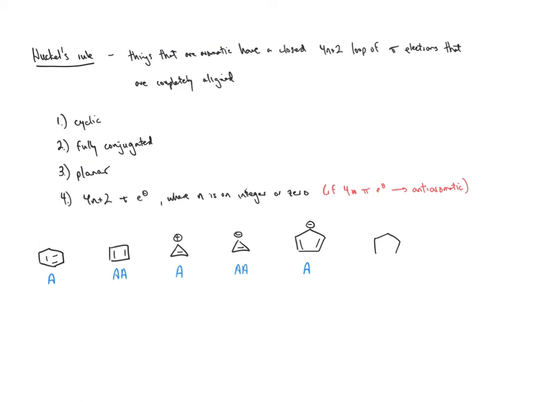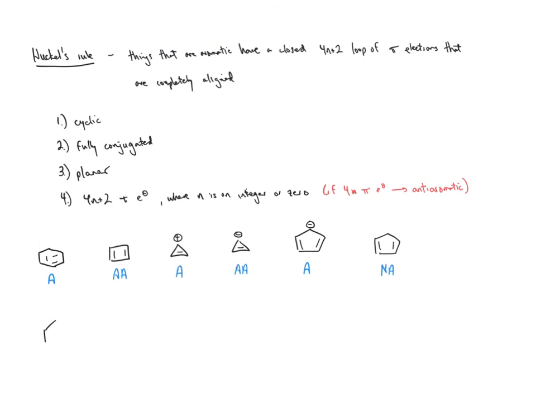How about this neutral species? This neutral species here, the cyclopentadiene, is actually non-aromatic, so we'll give it the abbreviation NA. It's non-aromatic because we have a CH2, an sp3 hybridized carbon atom that is not making this molecule fully conjugated.